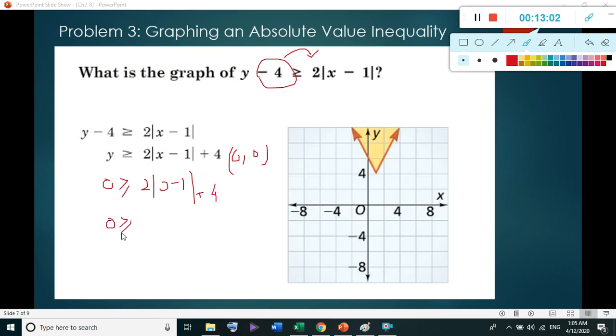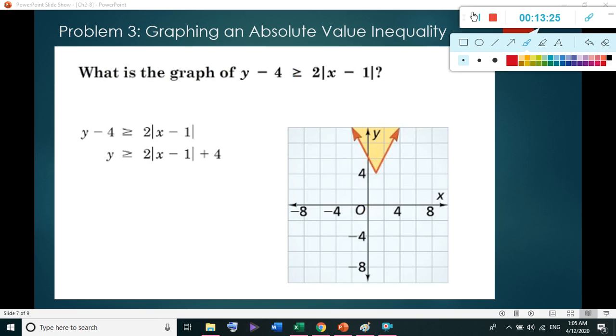What's the answer? It's going to be 1 because it's an absolute value, so 0 greater than or equal to 2 times 1, 2 plus 4, 6. Now, is 0 greater than or equal to 6? No. So we're going to shade the part that does not include the point 0, 0, which is this part.